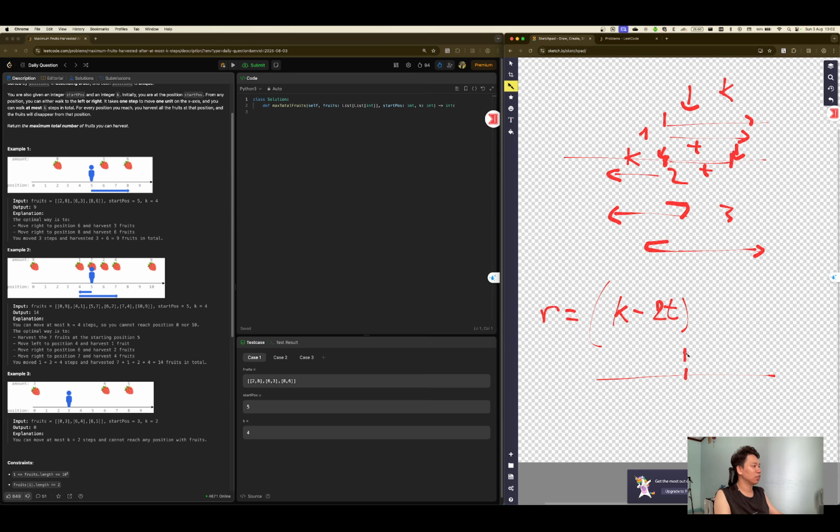This is the start position. You go to this and you go to this and you come back to this. It costs you 2T, and you can go to the right with k minus 2T, and we should try on the T positions. The T position here is actually a position that contains fruits. And how to calculate this sum?